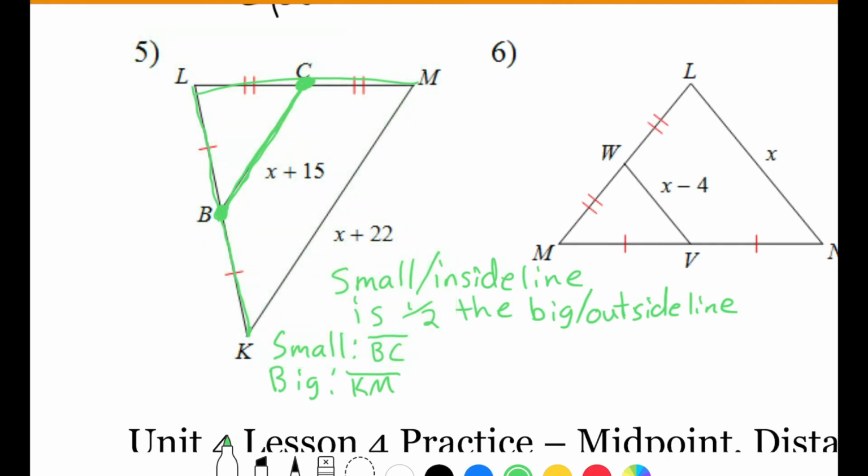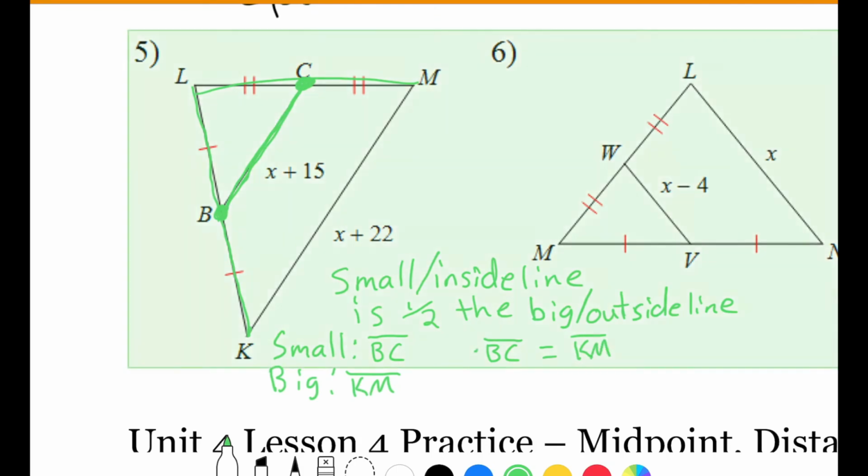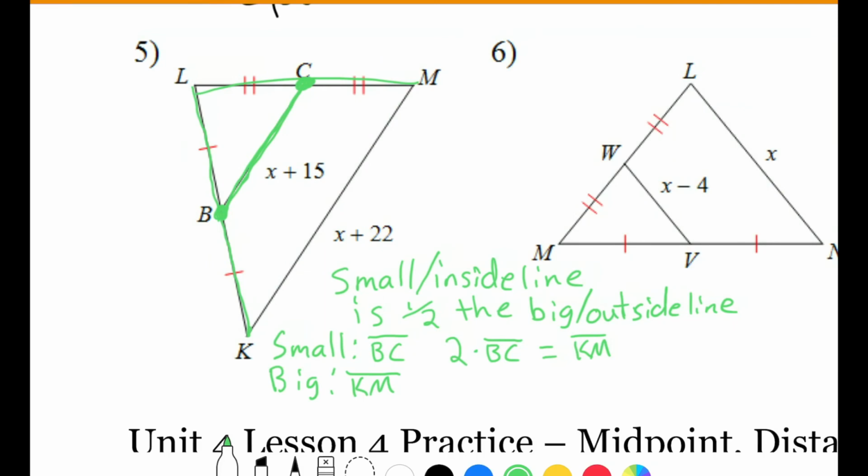So we can show this in two different ways. Either we can take our small line BC, and to make it equal to line KM, we would have to multiply it by 2, and it would equal the length of KM.